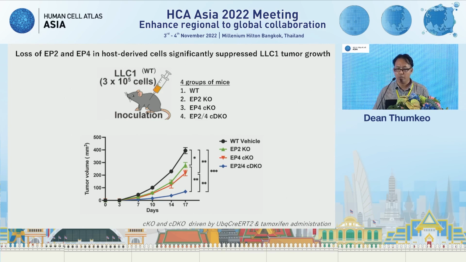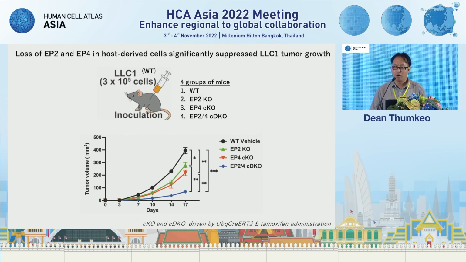So what does it mean? It means that the tumor suppression effect of EP2, EP4 suppression is mediated by cells in the host, not the cancer cell itself. So it might be mediated by stromal cells or by immune cells.